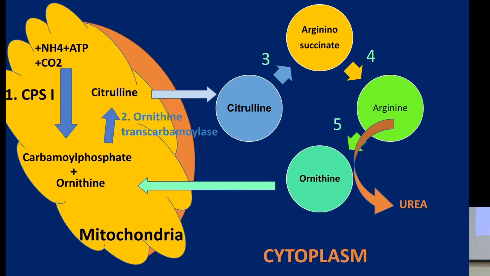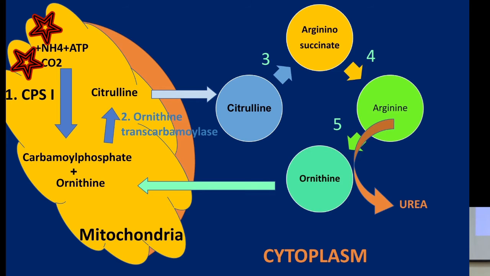Okay? So you got glutamate that collected a lot of the nitrogen. You go through glutamate dehydrogenase, you produce ammonia. Here's ammonia. Here's CO2. You need 2 ATPs. You're going to condense the CO2 and ammonia together with the ATPs to form this activated molecule called carbamoyl phosphate.